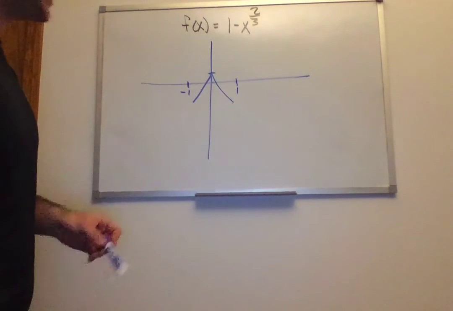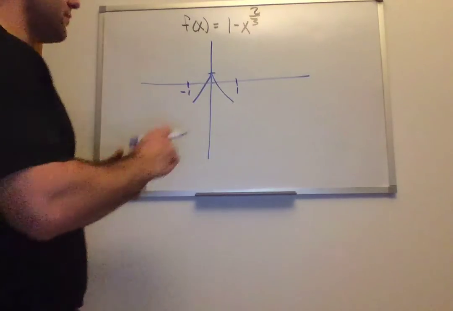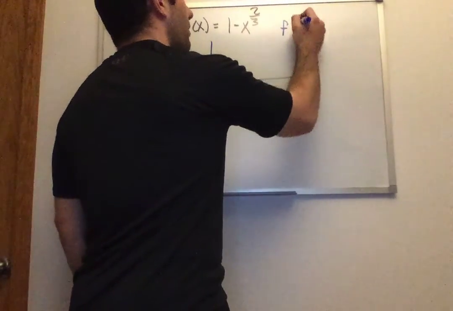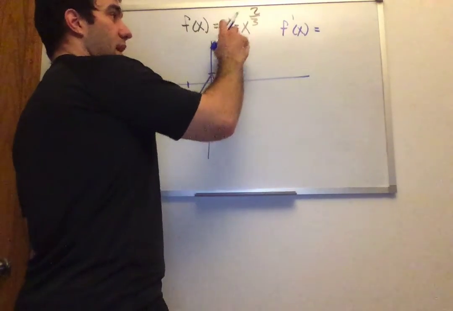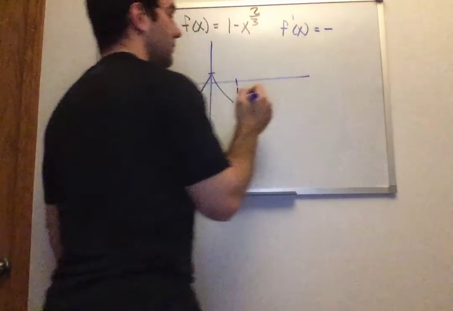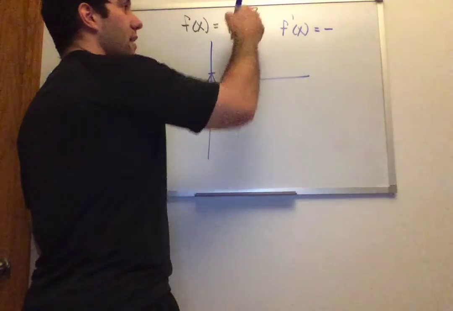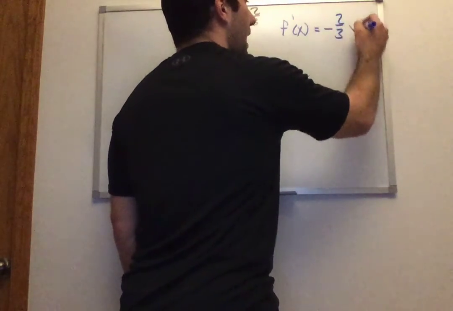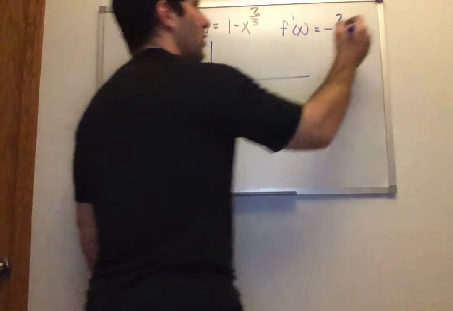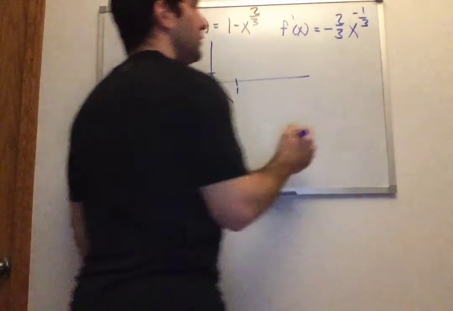Now, if we were to take the derivative of this, f prime of x is equal to, well, derivative of 1 goes away, we have a negative sign, okay? And then the 2/3 comes out in front, x, and then subtract 1, so we get a -1/3.